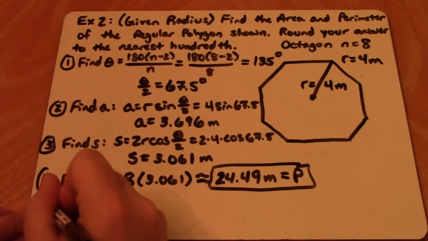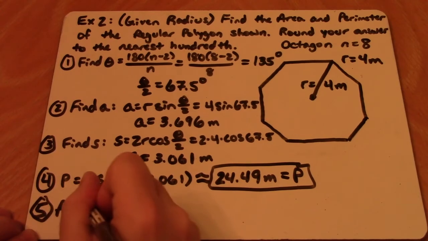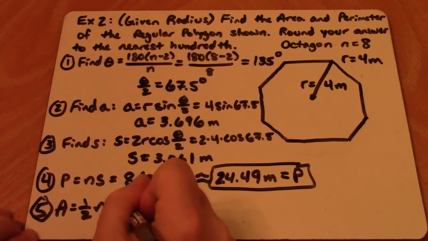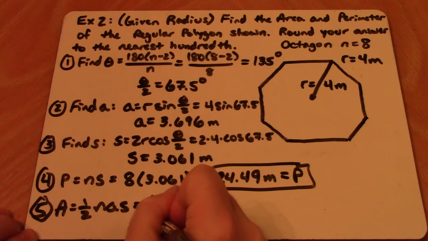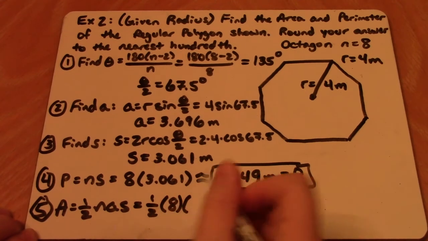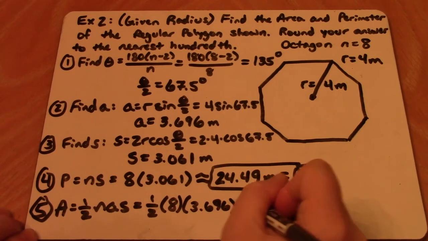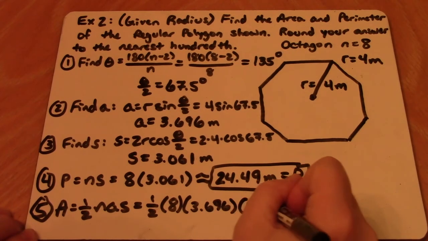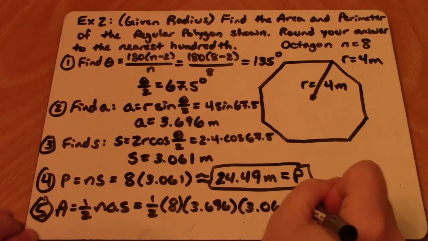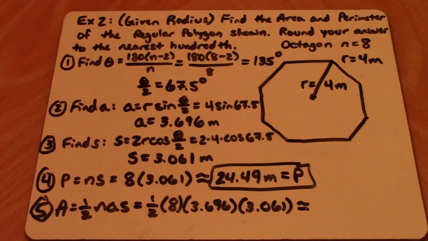Then we do area. Area is 1/2 n a s. That'd be 1/2 times 8 times the apothem, which we said is 3.696, times the side length, which is 3.061. Feed that to the calculator. Round to 2 decimal places.